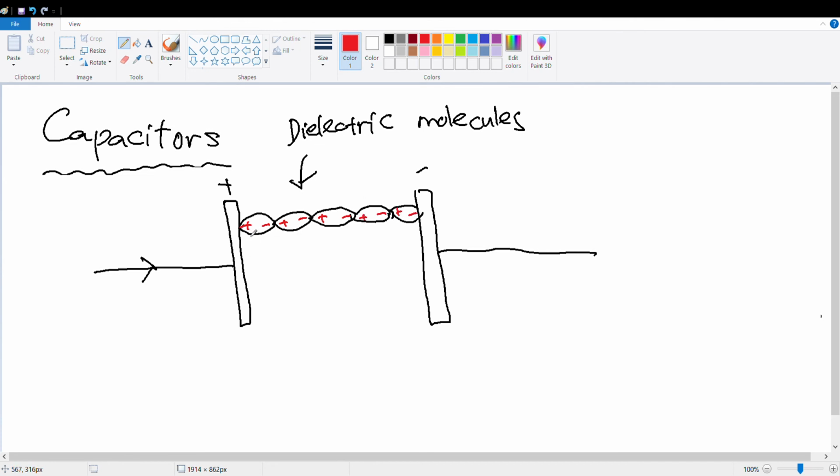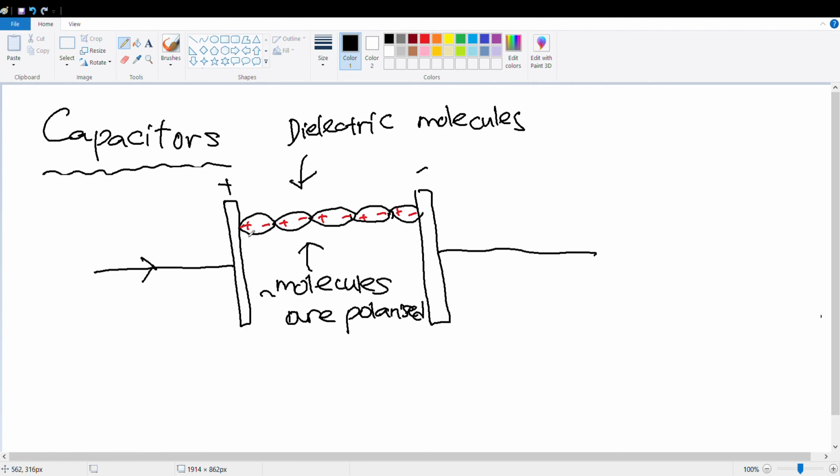So we can see that there is a charge exerted on the molecule. When the charge is exerted on the molecule, we can say that the molecule is polarized. Molecules are polarized.